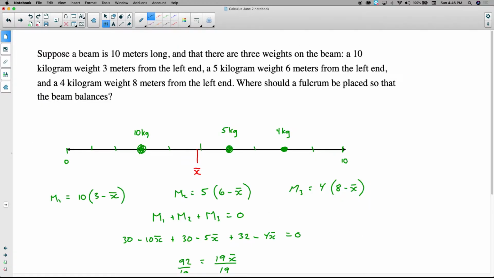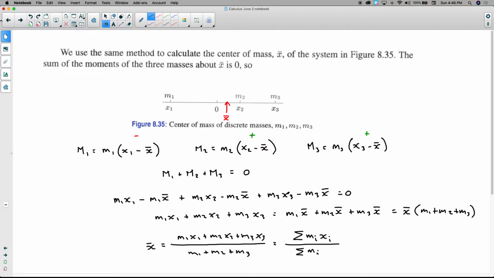Right, so just take you back a couple of pages. That's this idea. So we did it with 3 point masses, and now we're going to broaden that to infinitely many point masses of different densities.